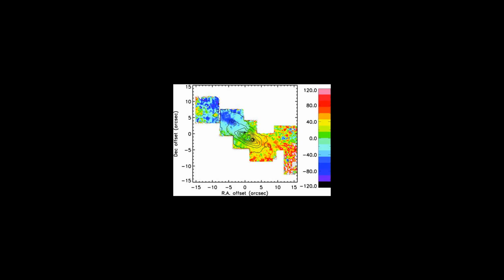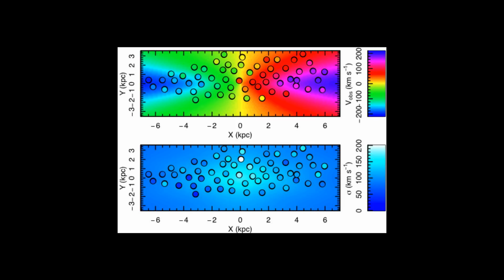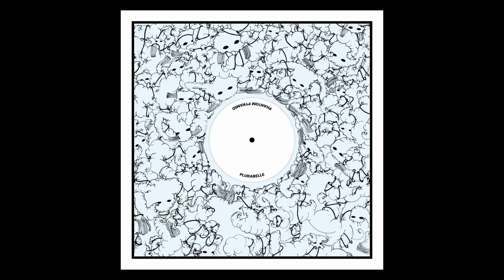HVS 3, HE 0437-5439, possibly from the Large Magellanic Cloud. HVS 4, SDSS J091301.00+305120.0. HVS 5, SDSS J091759.42+672238.7.